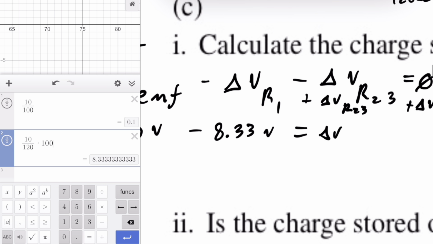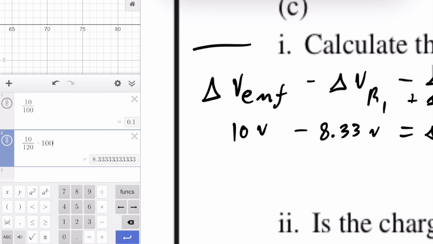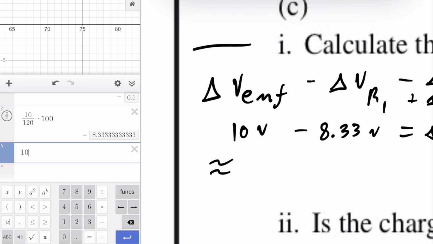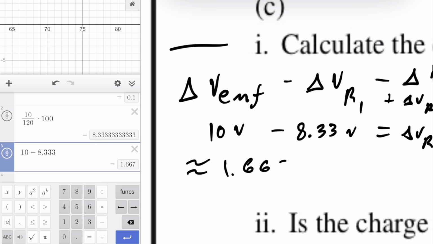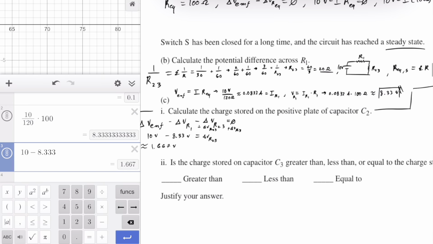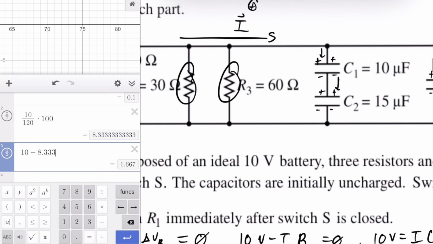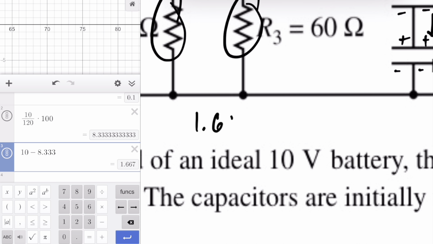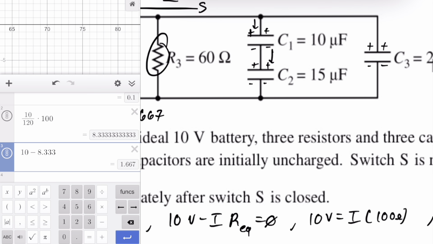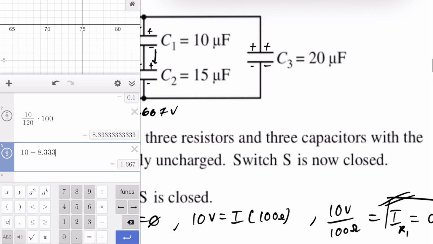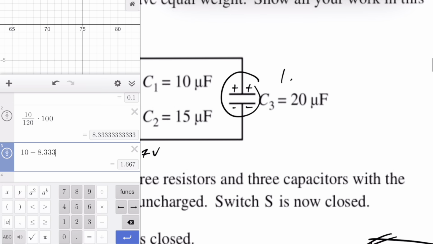Has to equal delta VR23, which is roughly equal to, let's do this in decimals, 1.667 volts. So now I know that these two together, if I combine their resistors into an equivalent resistance, which I did, have 1.667 volts, meaning these two, if I combine them into an equivalent capacitor, have 1.667 volts. This one itself has 1.667 volts. Great.